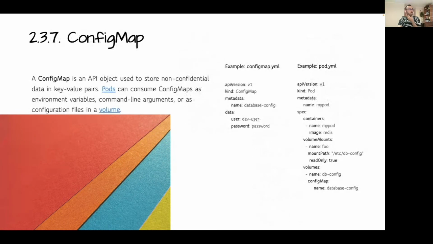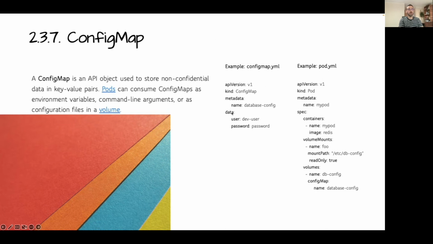Okay, moving forward, we have ConfigMaps. ConfigMaps is the object that holds non-confidential data, let's say, in key value pairs. These are configurations, maybe can be used as command line arguments whenever we run the application in our pod, and this is how we can define a config map.